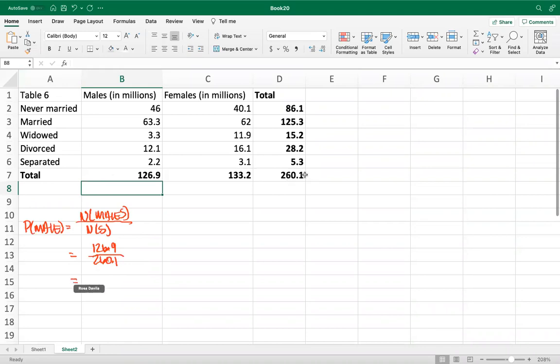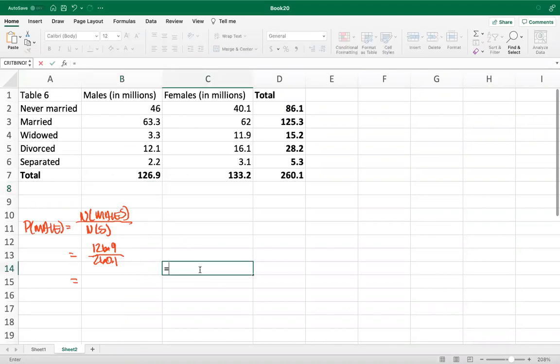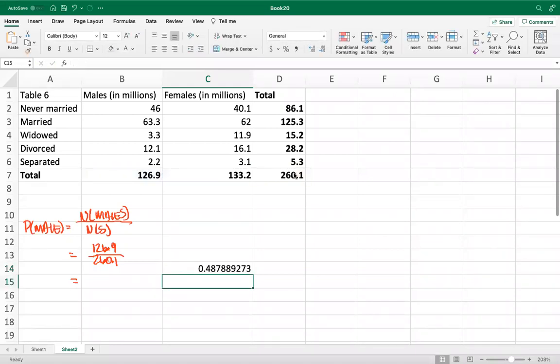So remember, this is the total, the sum of all of these, which is the sum of all of this right here, and the sum of these two, which is again the sum of all of these two. So now dividing those two, we end up with, so equal to this number divided by this number. And that gives us 0.4879.